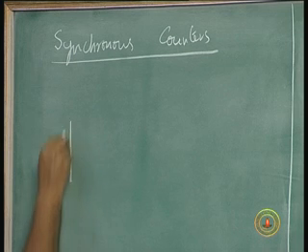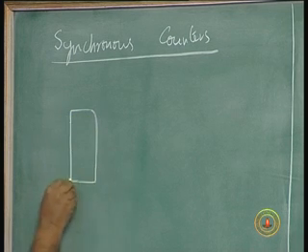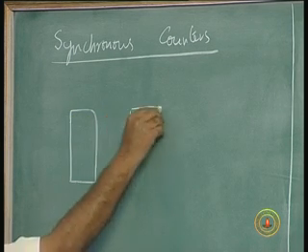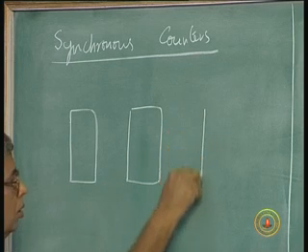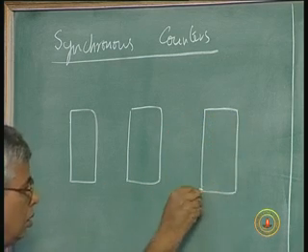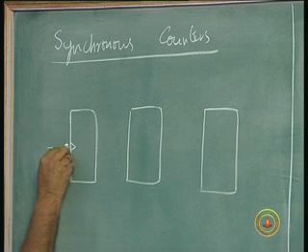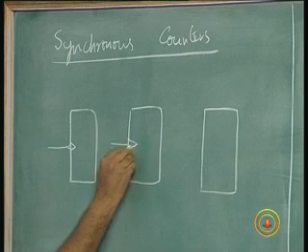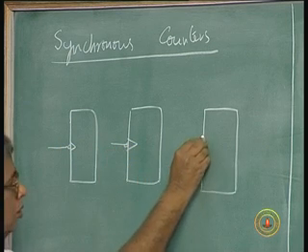So, let us take a 3-bit counter to start with, easy to handle in a classroom. I can have the same negative edge triggered or master slave configuration as we heard earlier.